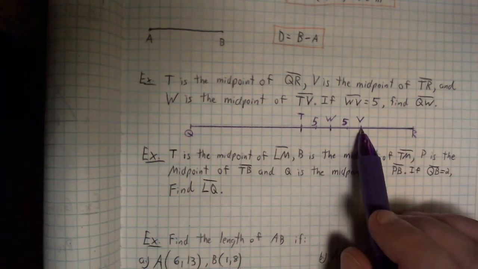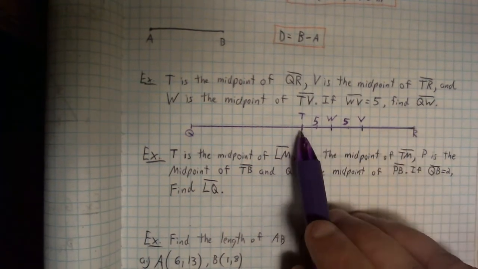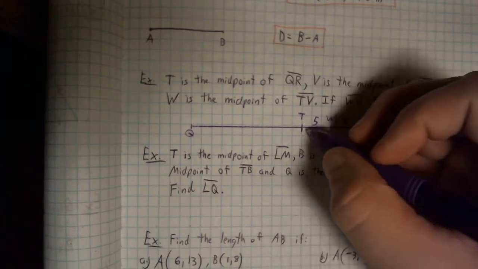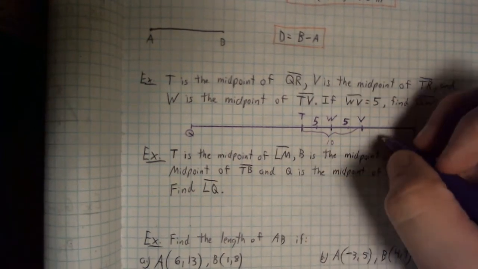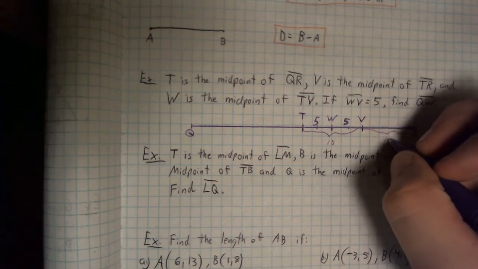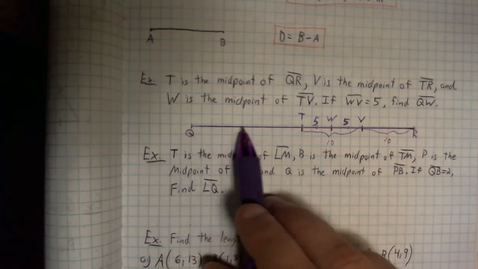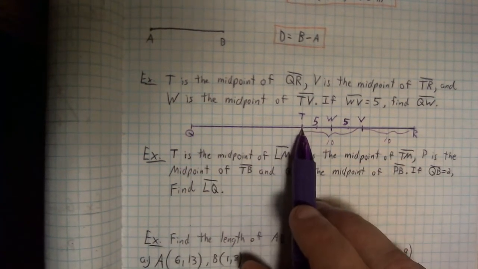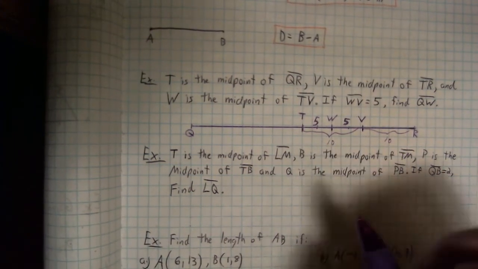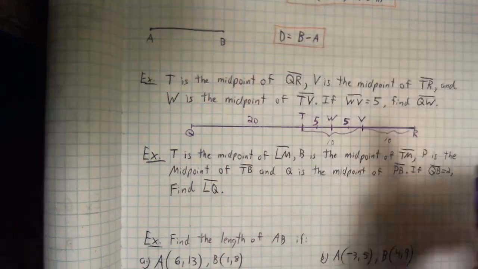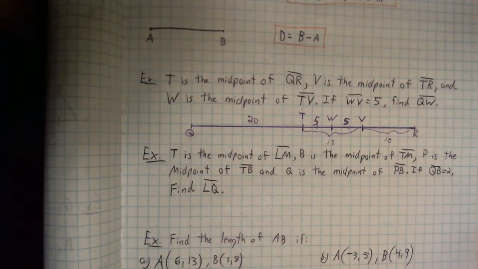And if V is the midpoint of TR and TV is these two, which is 10, that means that VR has to be worth the same amount also, which is 10. And lastly, QT, the midpoint, has to be equal to TR, which is 10 and 10, which gives us a length of 20. Now, they want us to find QW.